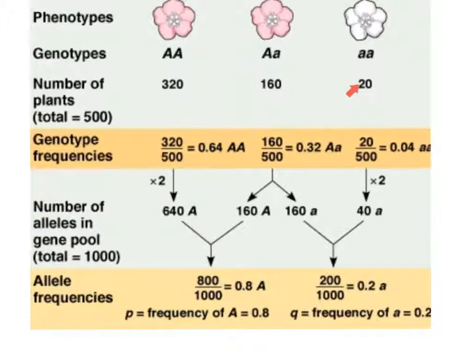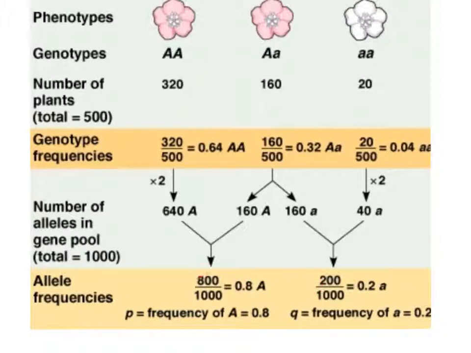With our little a, because we have 20 plants that are little a, little a, we multiply 20 times 2, we get 40. We also have to add the 160 little a's from the heterozygous plants, and we would get 200 little a alleles.